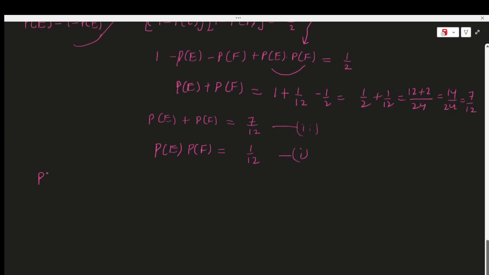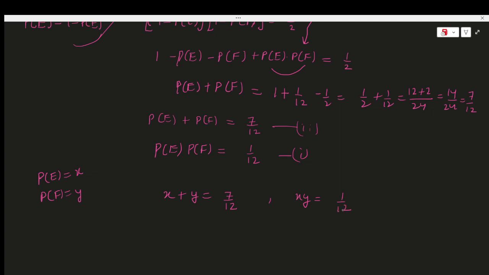Let us call P(E) equals x, P(F) equals y. Then we can rewrite both equations as x plus y equals 7 by 12 and xy equals 1 by 12. So this is our first equation and this is second.